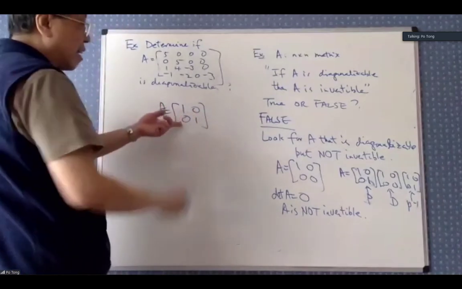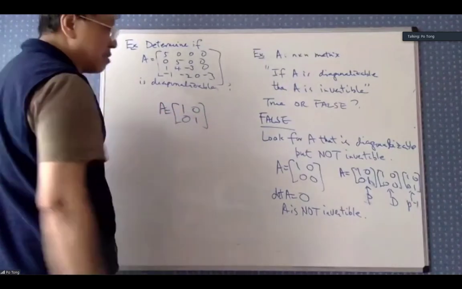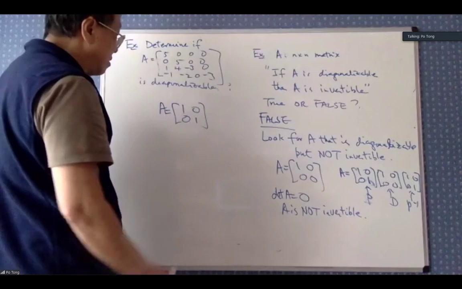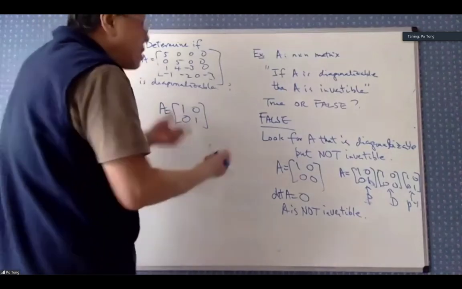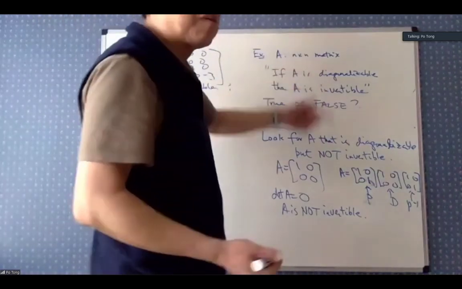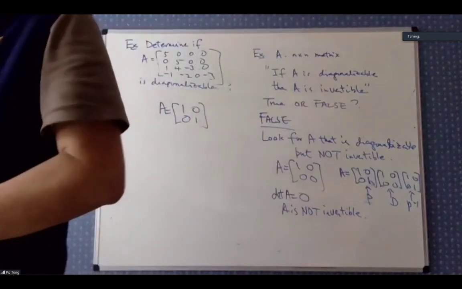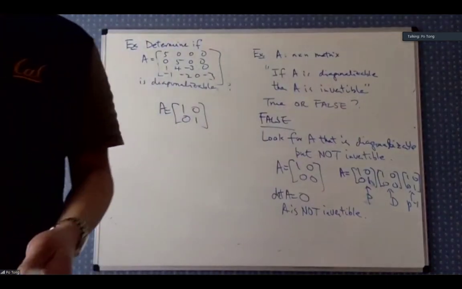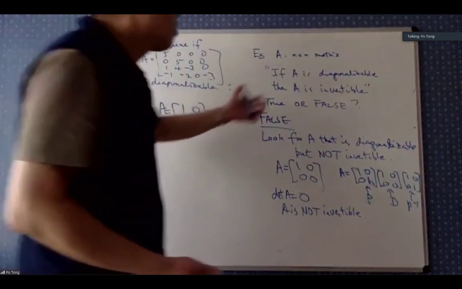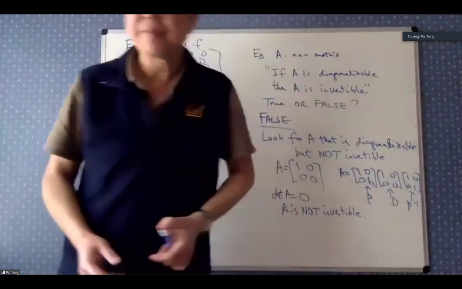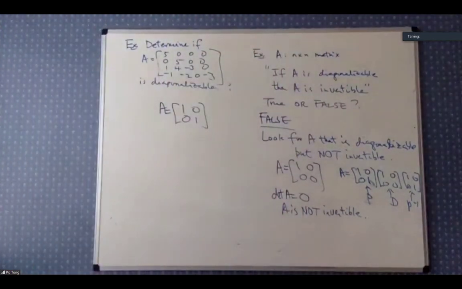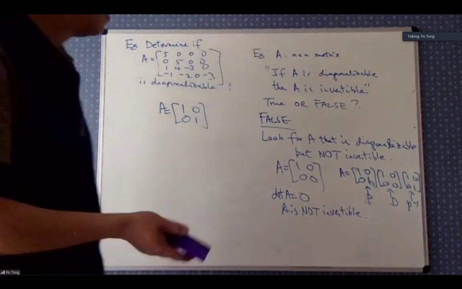This is definitely diagonalizable already. It's already a diagonal matrix, right? But this one is invertible. So basically, when it's diagonalizable, it can be either way. You can't really make a conclusion from the fact that it's diagonalizable whether it's invertible. Sometimes it's easy to get mixed up with those concepts.